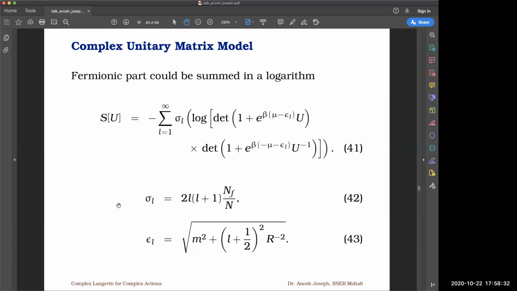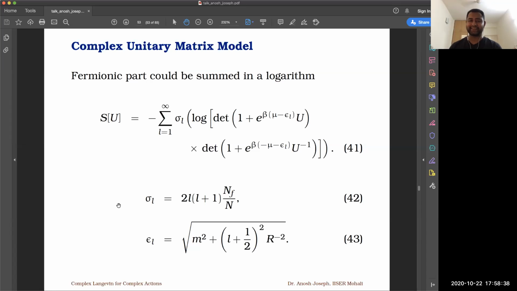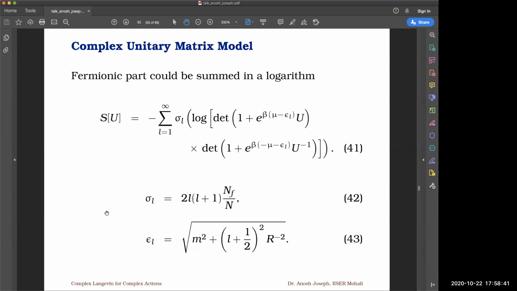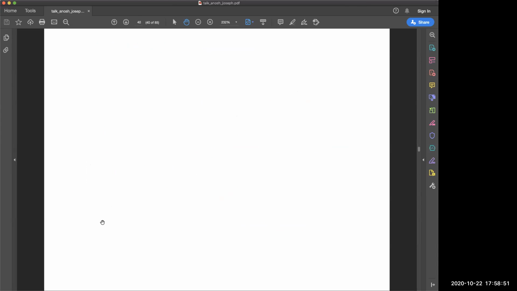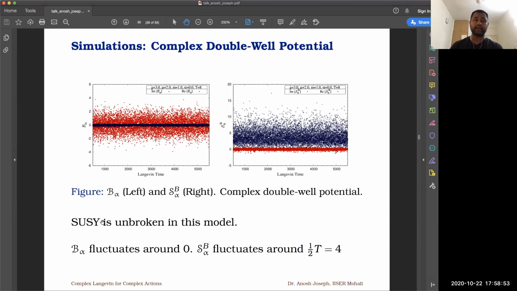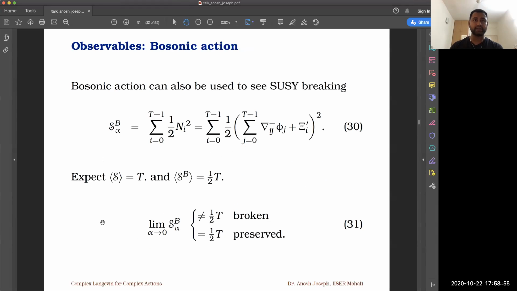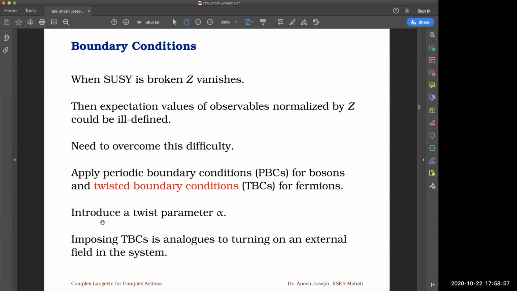Hi, Anosh. This is Nilmani. Can you hear me? Hi, Nilmani. Yes. My question was, in your supersymmetric quantum mechanical example, I believe those can also be done through thimbles. Has anybody done it? Of course, one can do this through thimbles. I just want to compare the results.